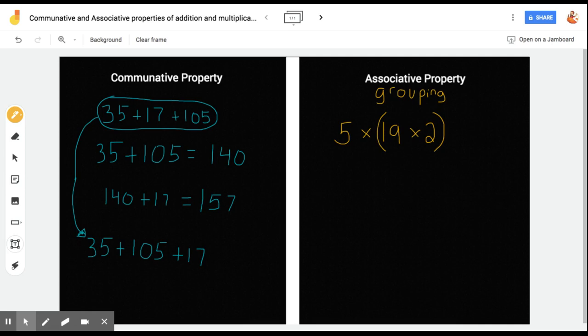Well, the associative property is going to tell me that since I'm using multiplication, I can regroup these numbers any way I want. So I can say, okay, let me regroup it so that it's easier to multiply this out. I can rewrite this as 5 times 2, because I know 5 times 2 real easily gives me 10. And then I can multiply by 19.